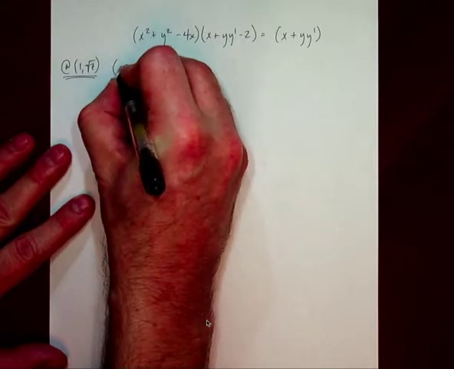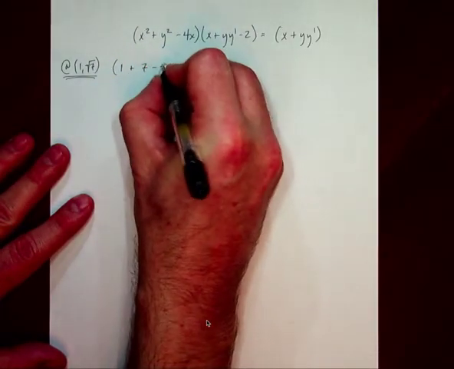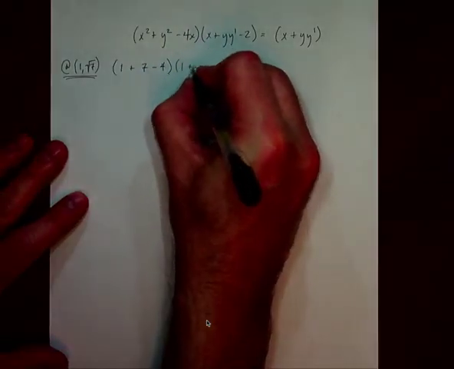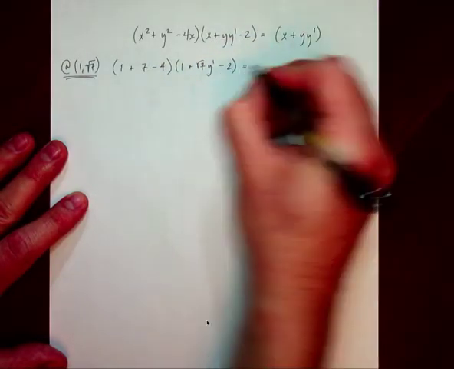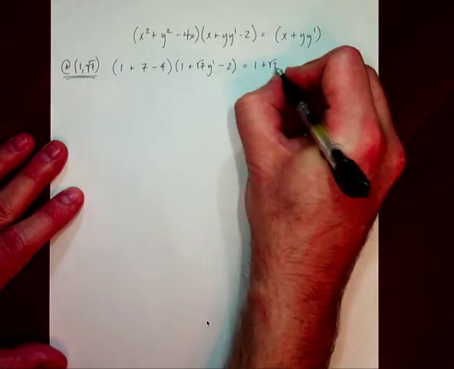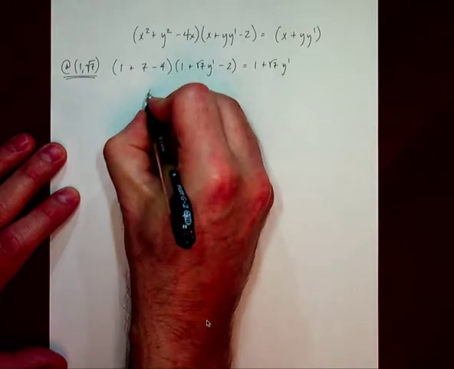So we have x squared plus y squared minus 4x, and then we have x plus √7 y prime minus 2. And over here we have 1 plus √7 y prime. Well, this is 8 minus 4, so this is 4.